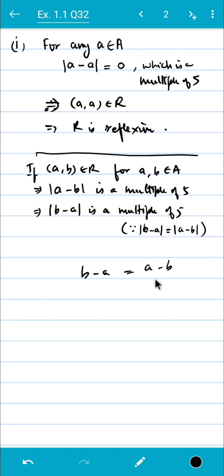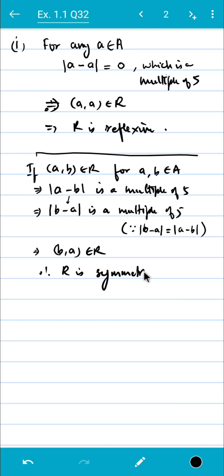If one is positive, the other is negative, but since we're taking the absolute value of both, both will be positive with the same magnitude. So if this is a multiple of 5, then even b minus a will be a multiple of 5. From here we conclude that (b, a) belongs to R, so R is symmetric. So that's it for symmetry.